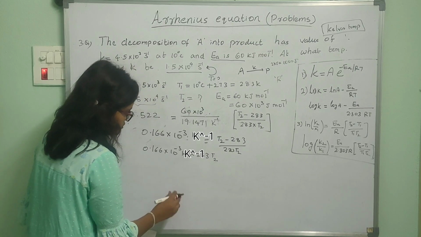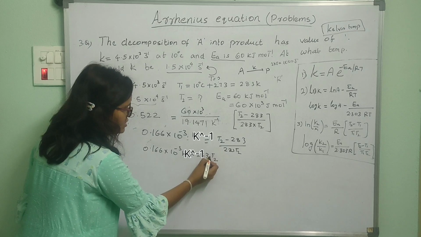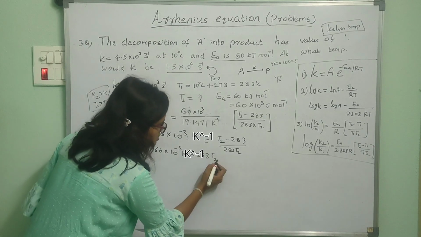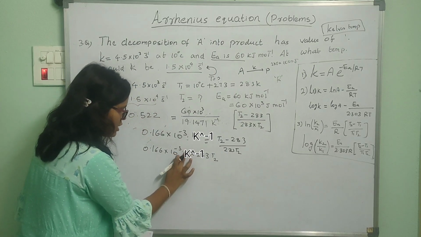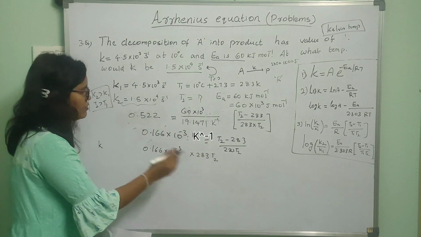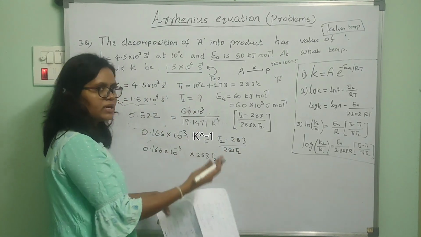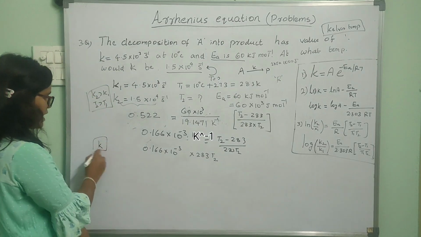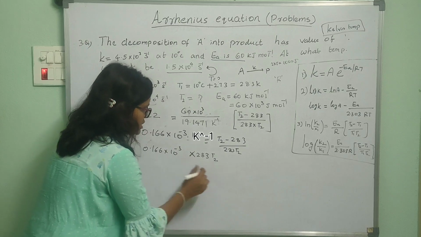Okay. So this 283 is also Kelvin, right? Okay, for now I'll omit this K from here. I'll keep it here. And at the end, we already know the temperature is obviously in Kelvin. So at the end, you are definitely going to get this Kelvin back. To avoid this confusion, I have omitted it here.